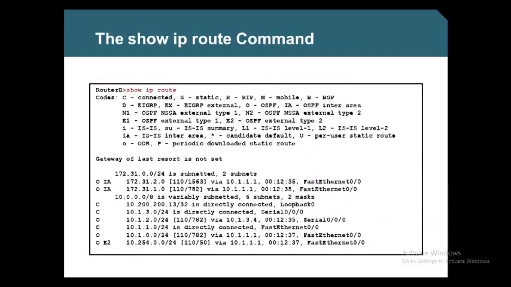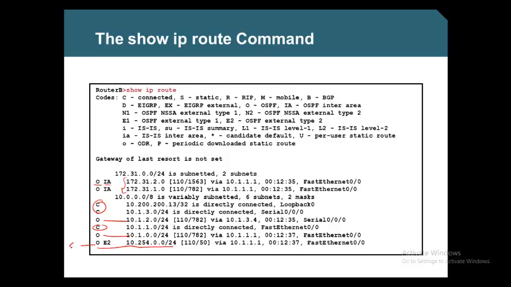So here the route table shows some networks are connected, ignore them. Some have got O IA, meaning these two are coming from another area. This is coming from the same area, this is coming from the same area. And this is coming from another autonomous system. Type 5 brings it.